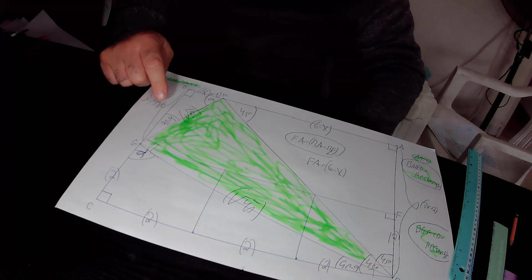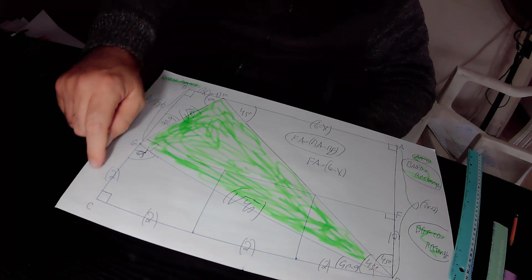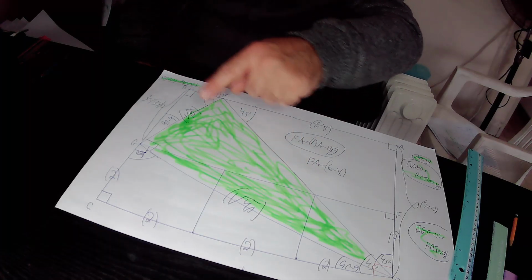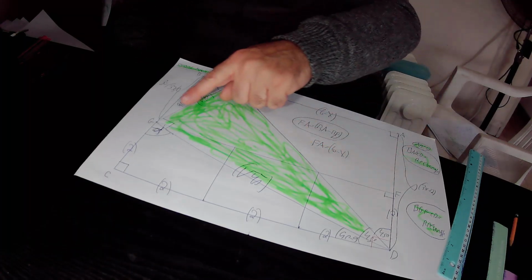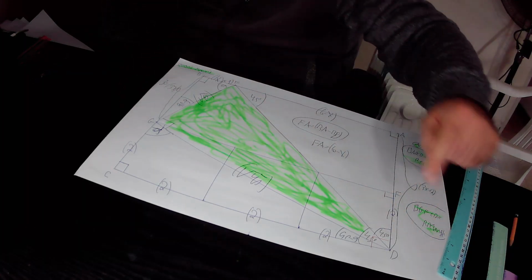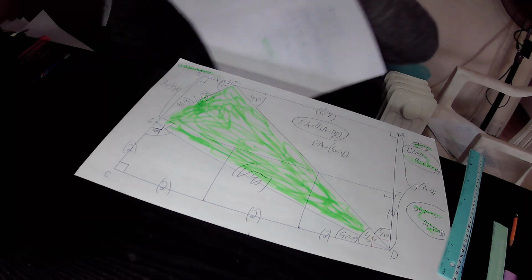Likewise, we implement the Pythagoras theorem on this right lower triangle, triangle GCD. In this right triangle GCD, GD squared, that is the square of the hypotenuse, equals GC squared plus CD squared.